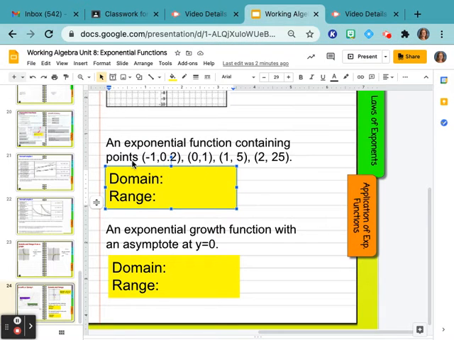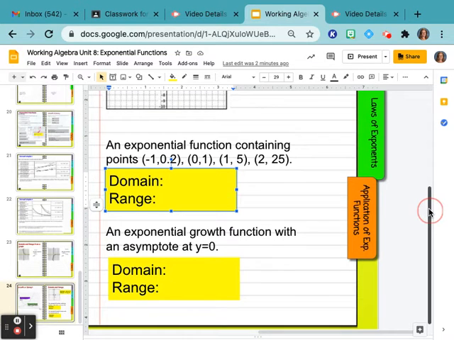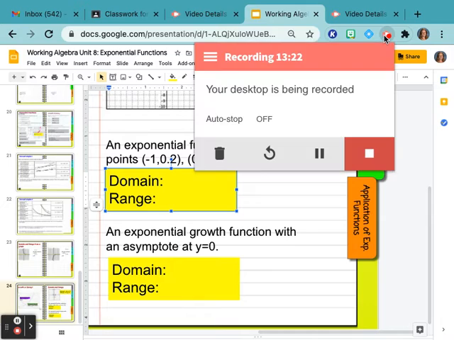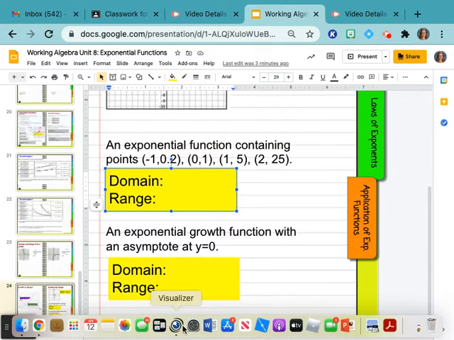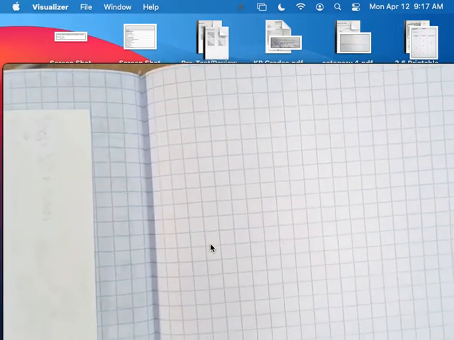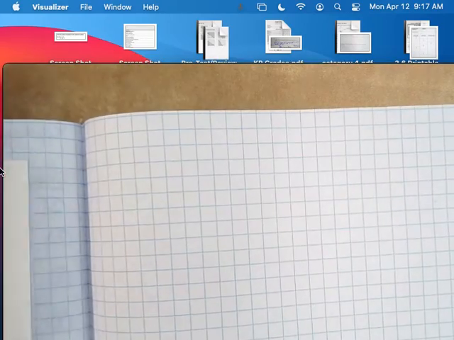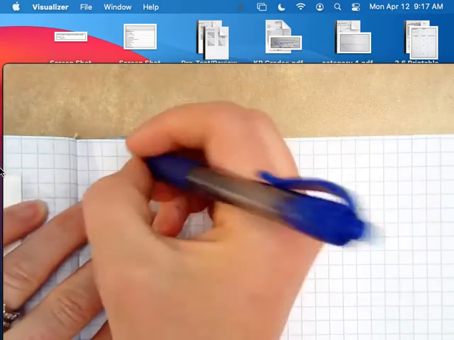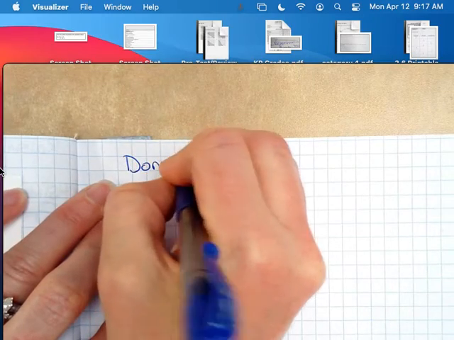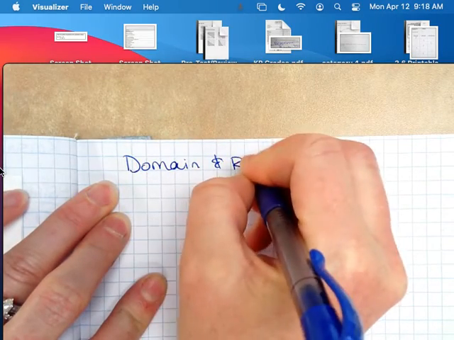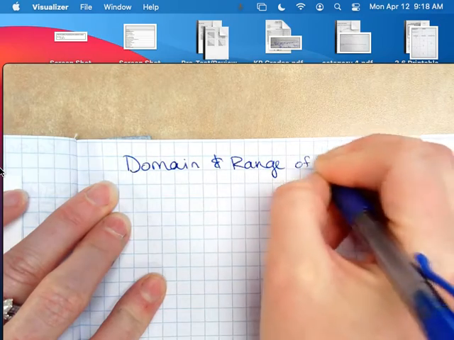Okay, so the domain, we probably just need to graph this. So get out your composition book and let's graph it. I'm going to write on here, domain and range of exponential functions.